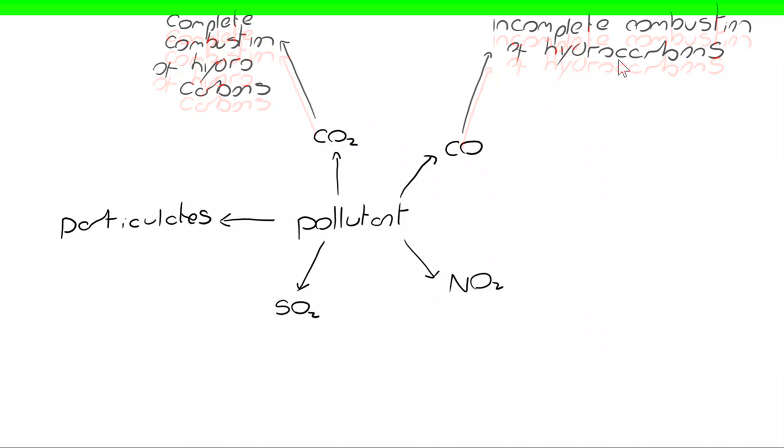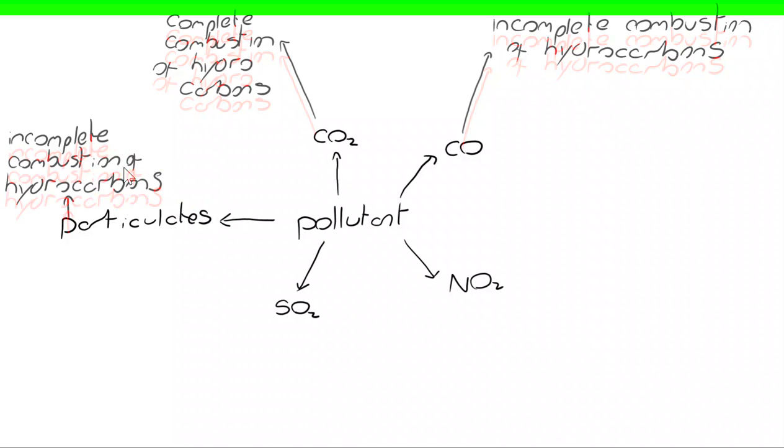And carbon monoxide is formed if we have incomplete combustion of those hydrocarbons. We actually also have particulates forming in incomplete combustion of hydrocarbons too. That's where the fraction itself comes out of the car exhaust, for example, unreacted because there was a very limited supply of oxygen.